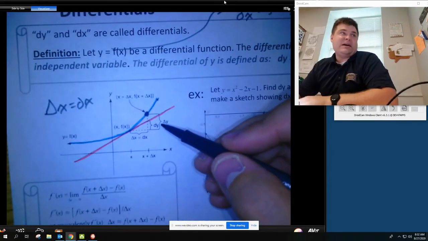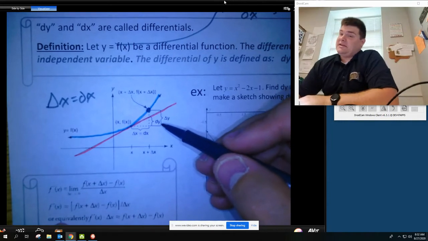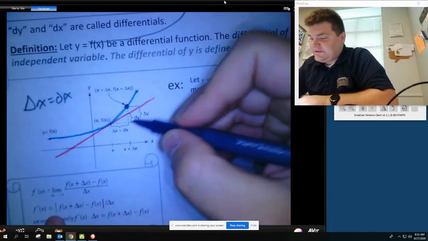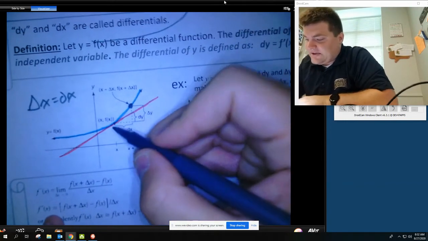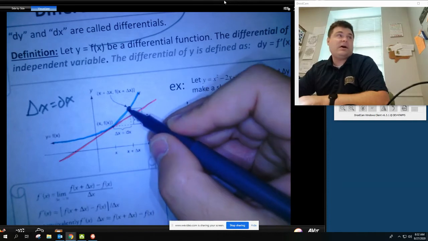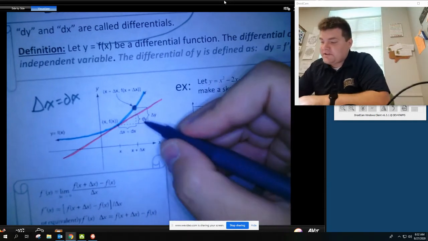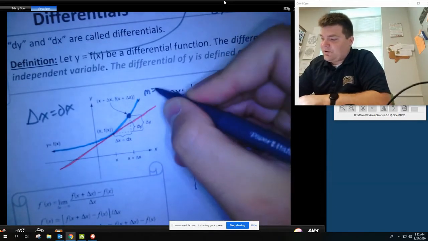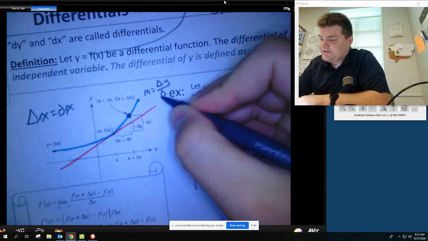Delta y and dy, in some examples they can be the same, but more or less they're usually not the same. So delta y is really the rise over the run part going from your tangent to your other point over here. That's why the entire thing is delta y, because we usually say that our slope is change in y over change in x.